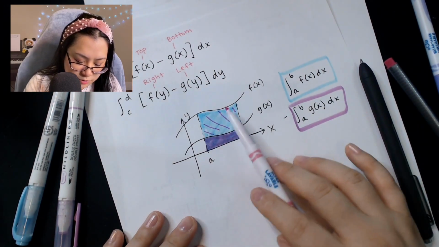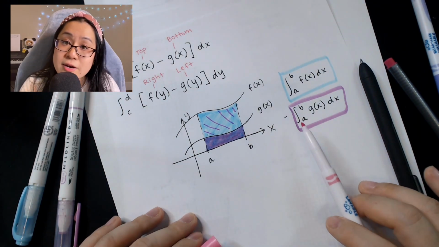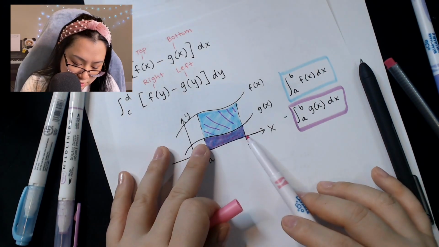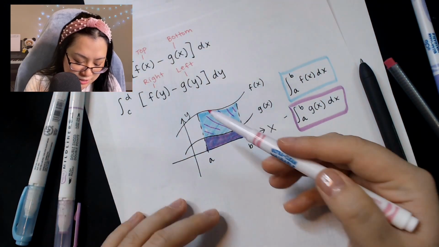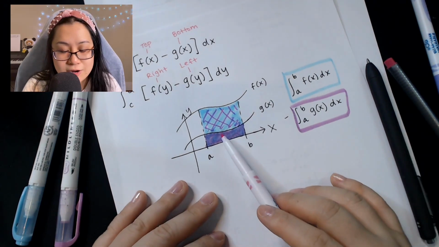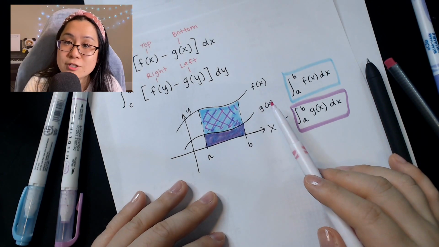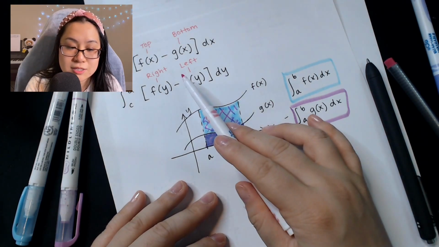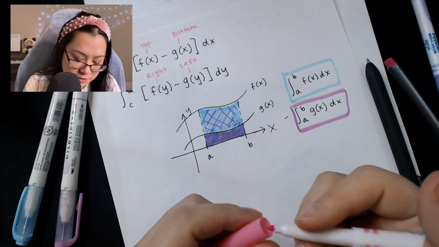So the light blue is this whole entire region, the whole thing. And then I subtract out this bit here. So I'm left with just that bit, which is indeed the area between f and g. So we're looking for the area that's below f of x and above g of x, since we said that f of x is going to be the upper one and g of x is the lower one.